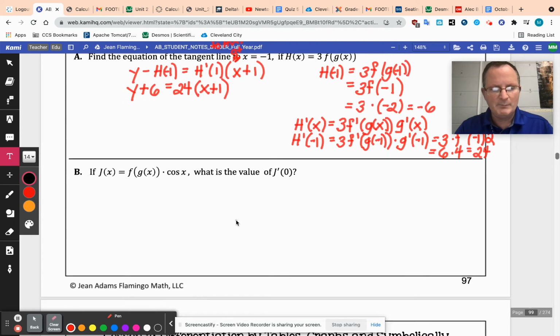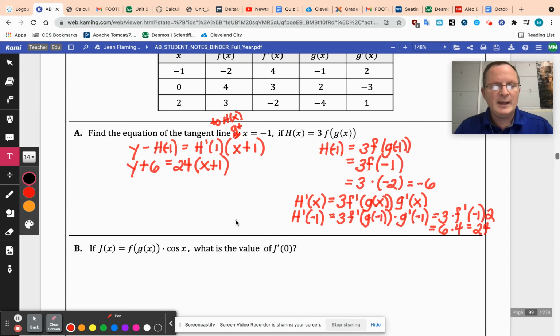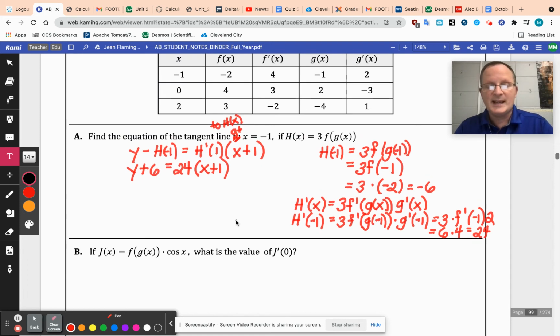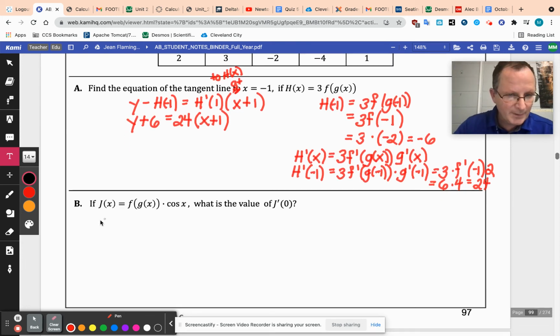All right, and then on B, it says the new function, j of x, is equal to f of g of x times h of cosine x, and we want to find j prime. All right, well, here we go then. It's a product along with a chain rule.